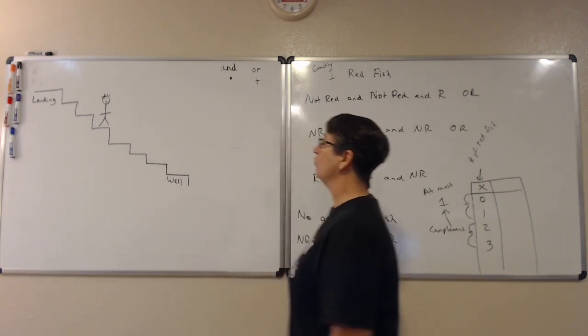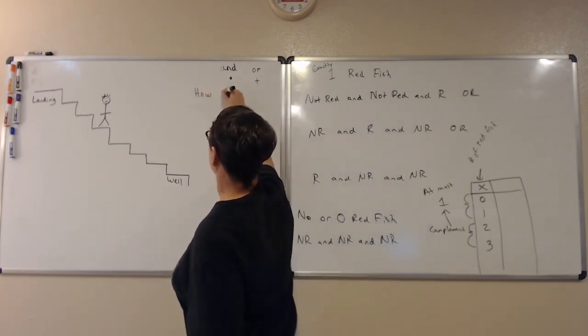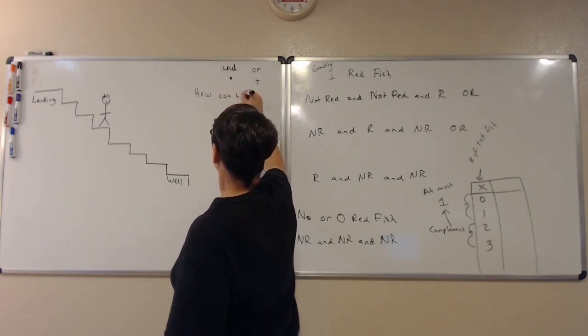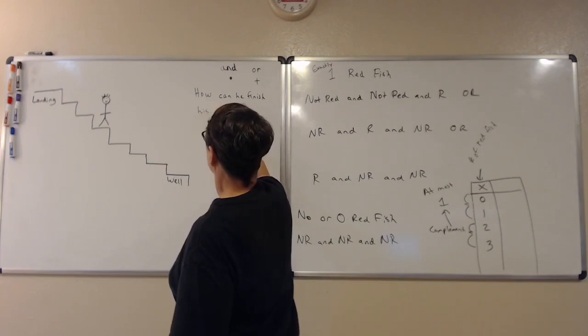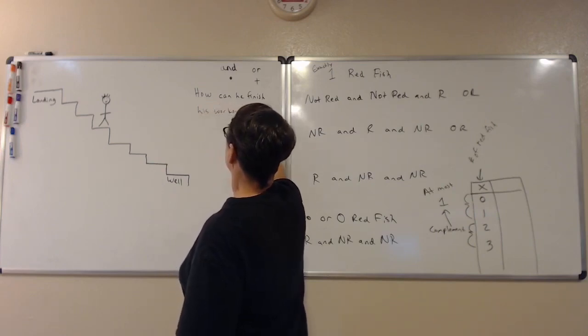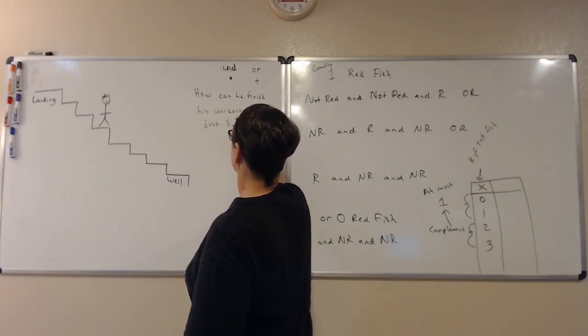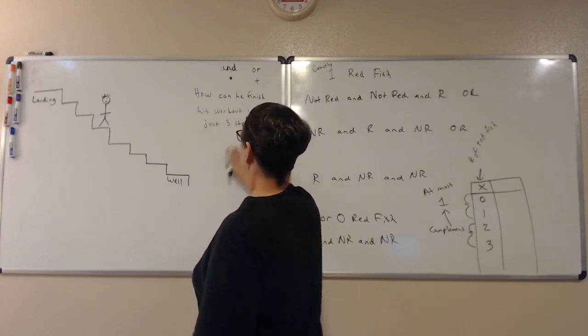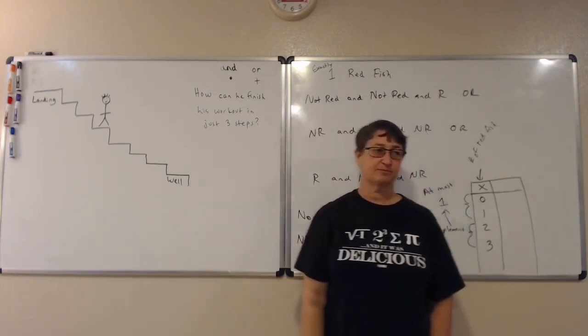Okay, so I want to know how can he finish his workout in just 3 steps? What would he have to do in order to finish in just 3 steps?